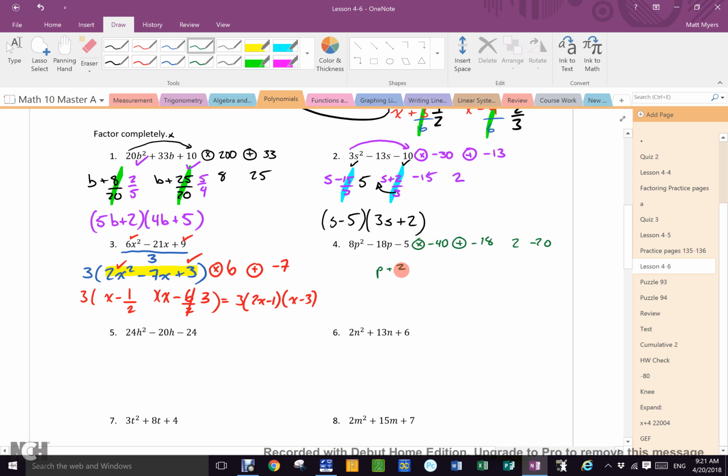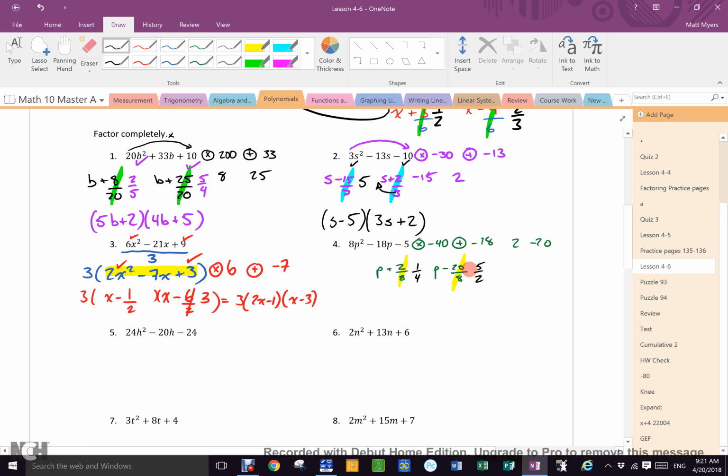What is it? Divided by 8, and it's p minus 20, but it's not really 20, it's 20 divided by 8. And then what do I do with any fractions? Fix them up. What's 2/8? 1/4. What's 20/8? 5/2.